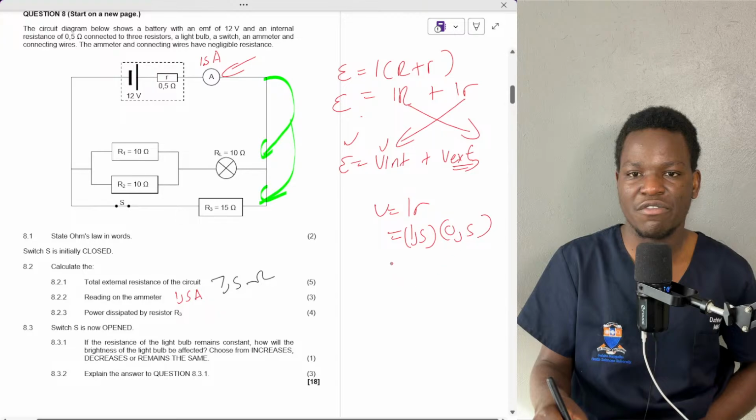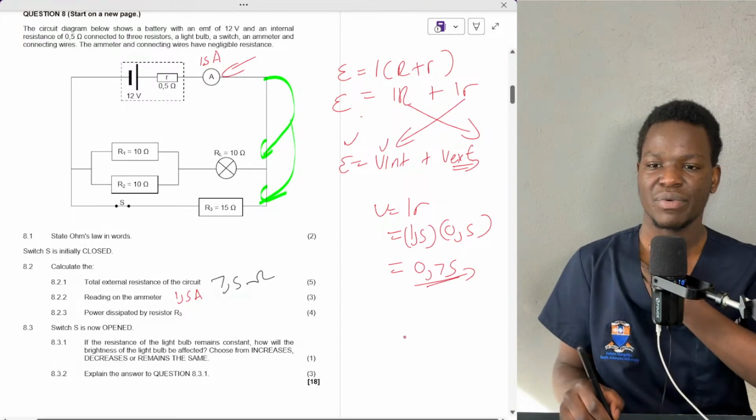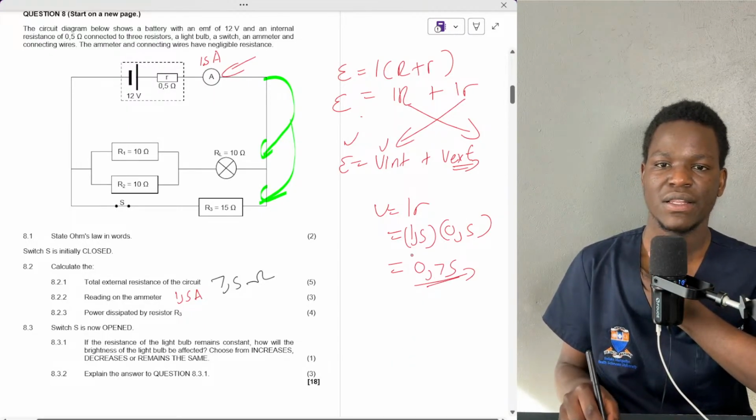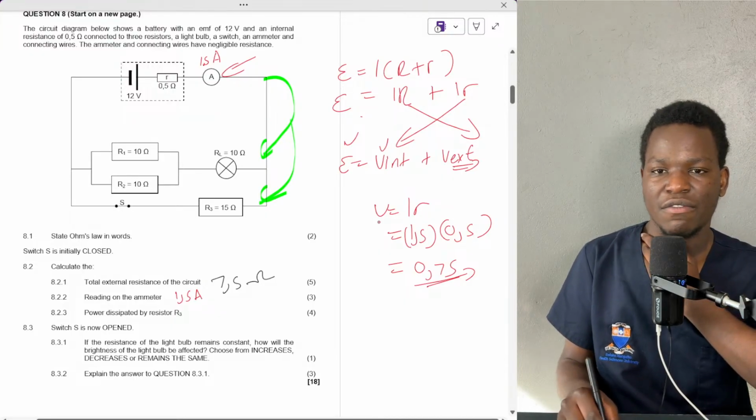We multiply 1.5 by 0.5, and it gives us 0.75. That is our V internal.